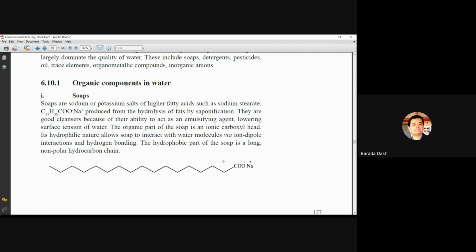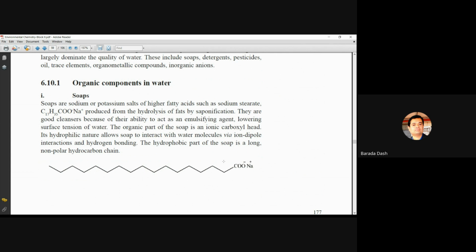Soaps are produced by saponification, and we use them as cleaners because of their ability to act as an emulsifying agent, lowering the surface tension of water. The organic part of the soap is an ionic carboxyl head.